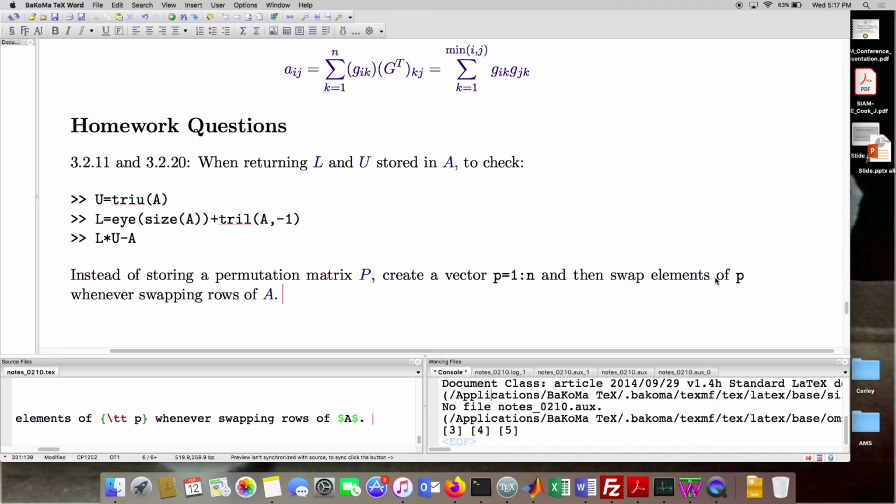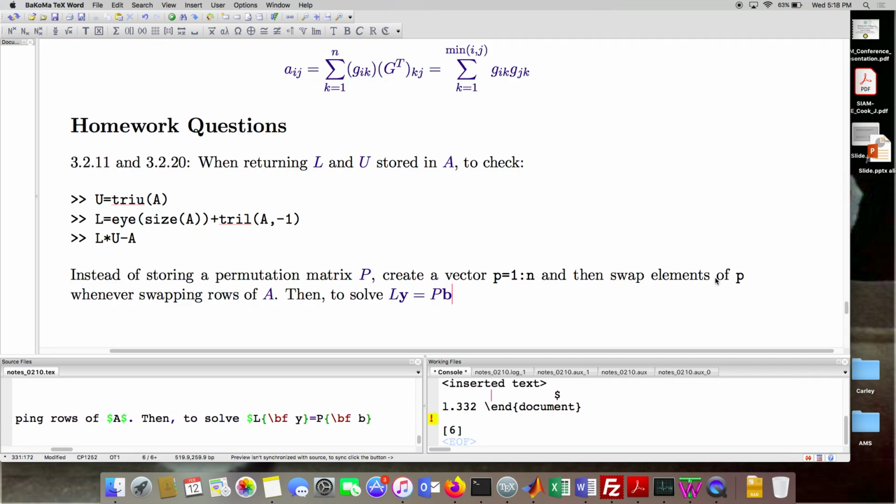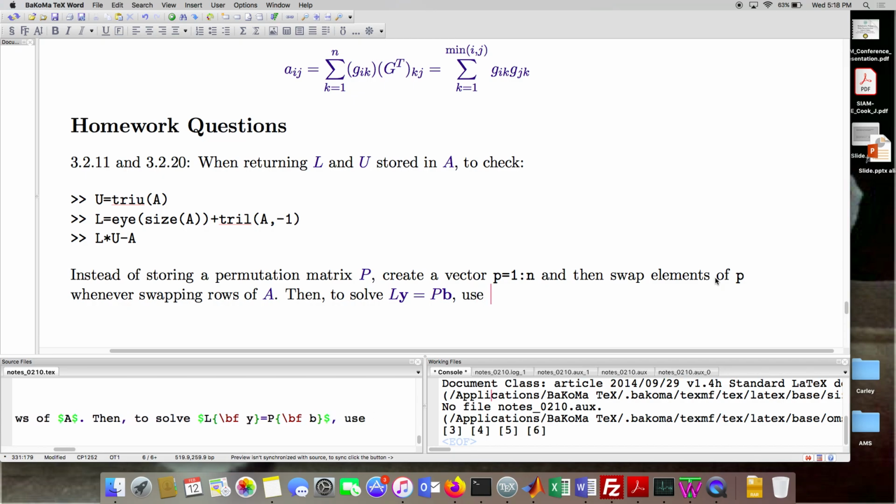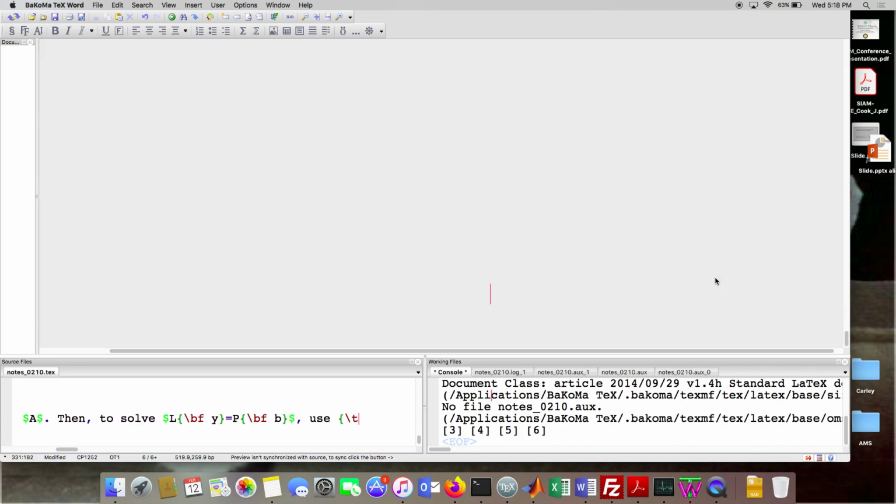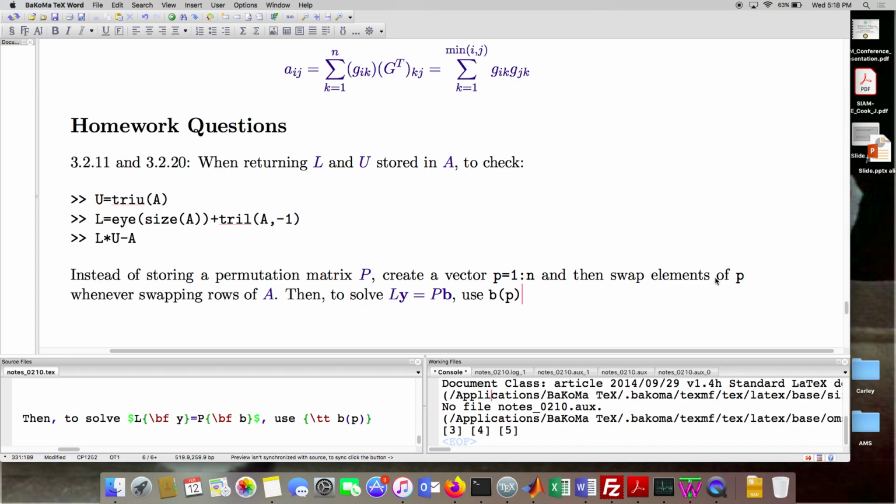The only time you need p is for forward substitution, to solve Ly equals PB. Here's your MATLAB expression: B of p. That's it.